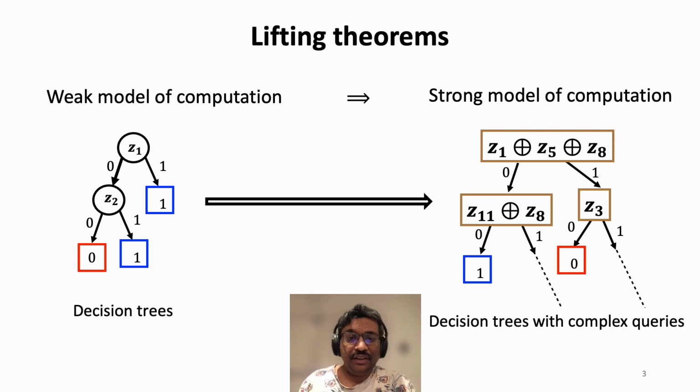So for example here, the parity decision tree at the root queries the parity of Z1, Z5 and Z8. The answer you get just reveals the parity. It doesn't tell you what Z1, Z5 or Z8 is, but it tells you the parity. So this is a more powerful model because figuring out the parity in the decision tree model would require you to query all of Z1, Z5 and Z8.